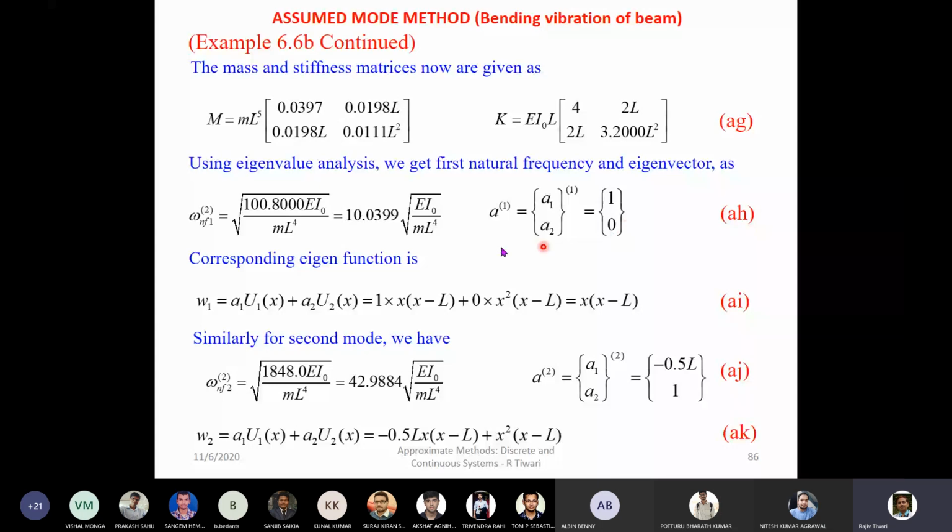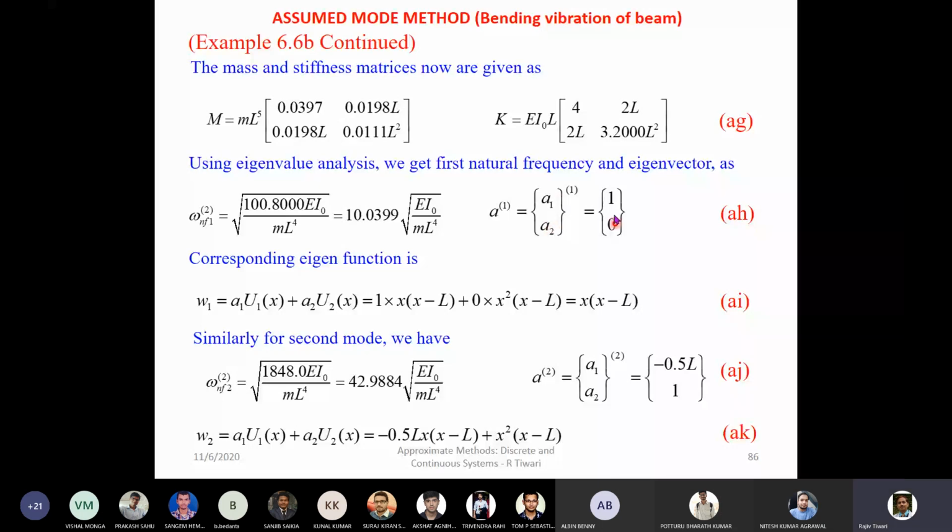This 2 is representing that we have taken 2 terms in our eigenfunction, and NF1 is the first natural frequency. This is the corresponding eigenvector. Here the eigenvector terms are those which we multiplied with the admissible functions.